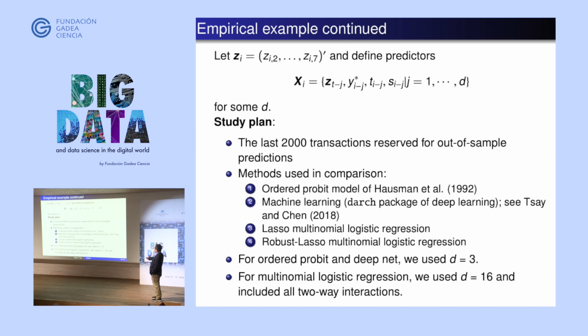The X variables I use are the categorical variable, the past price changes, the duration, and also the size, for the past several trades. I have about 30,000 transactions, and I reserve the last 2,000 transactions for out-of-sample predictions. The method we try is compared with the traditional method in finance. The most commonly used one is the ordered probit model.